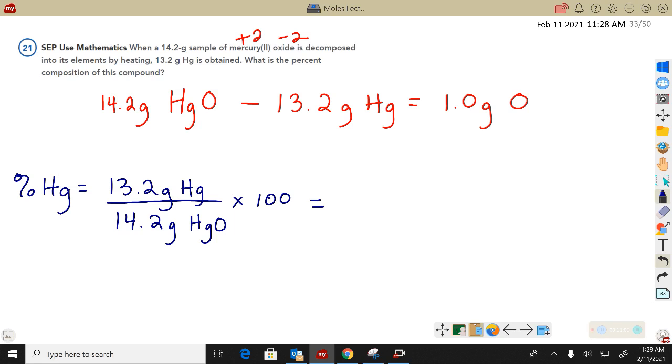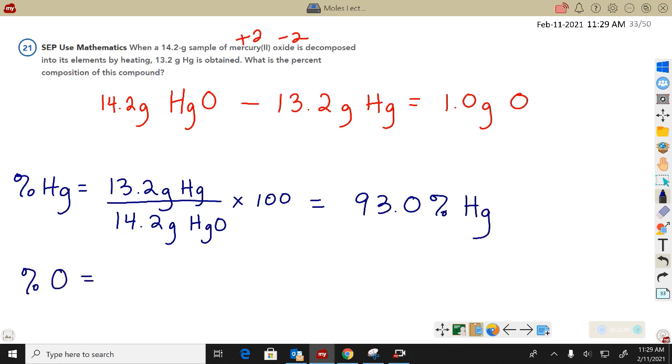My calculator is full of digits. If the original numbers gave us 3 digits each, let's just round this percent to 3 digits. So it's like 92.95. I'm going to say 93.0% mercury.